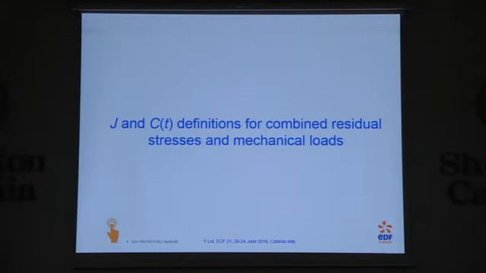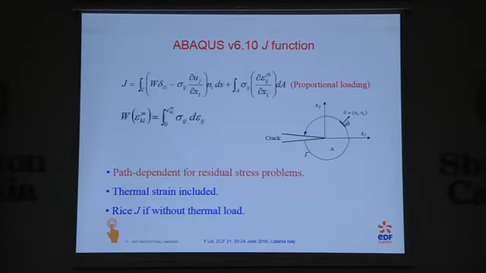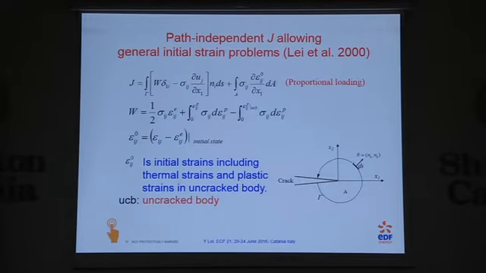Okay, we go to the definitions. For pure mechanical load, we know the J definition in Abaqus has been used for a long time, and for combined mechanical load and residual stress, when I worked in EDF, we developed a new definition for combined residual stress and mechanical load.